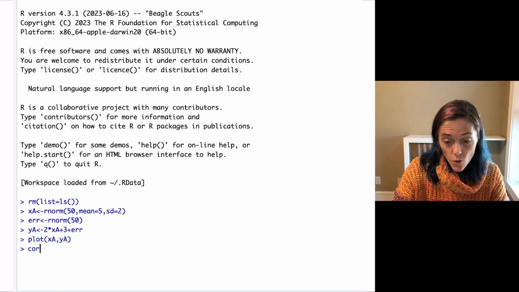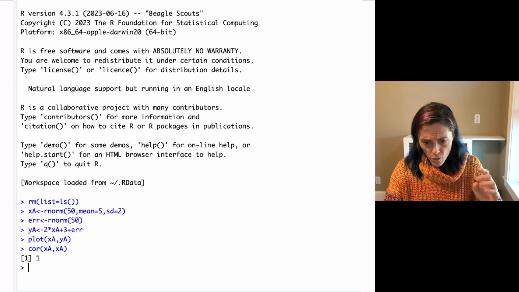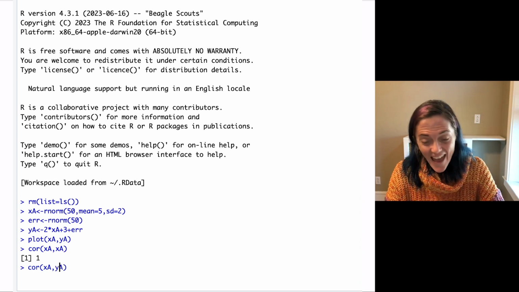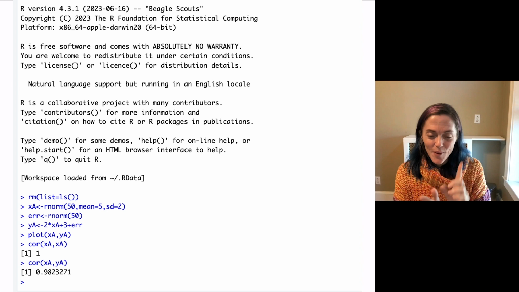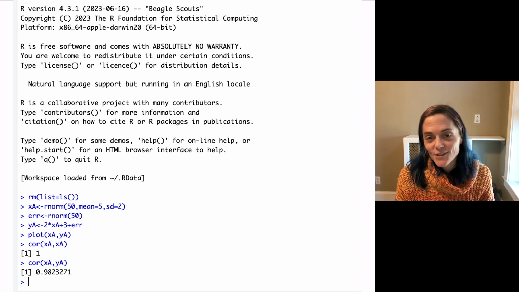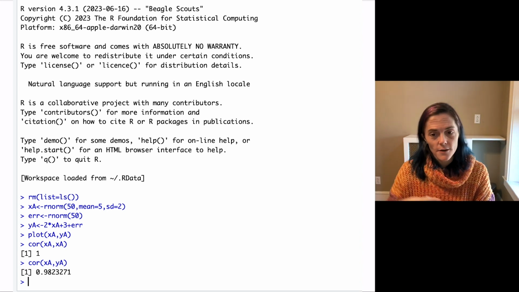We can ask for the correlation coefficient of this sample. Oh, I did X with itself. That was exactly one. Of course, it's the exact same sample. But for XA and YA, we get 0.982, very close to 1, as we expected from the picture.